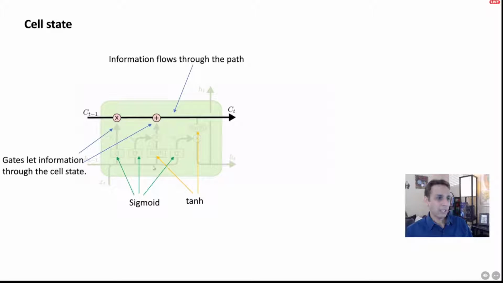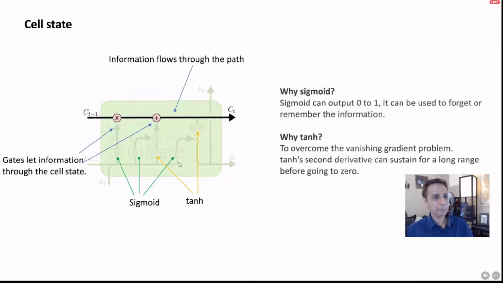And you see these sigmoids and the tanh, and if you ask why sigmoid and why tanh, the answer is the sigmoid outputs a value between 0 and 1, right? Sigmoid is like this S curve, and the output is 0 to 1, and it can be used to forget or remember information. 0, okay, completely forget. 1, okay, just let everything through, right? So that's why sigmoid is great.